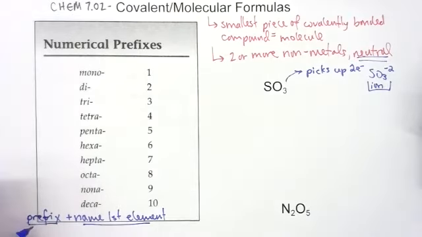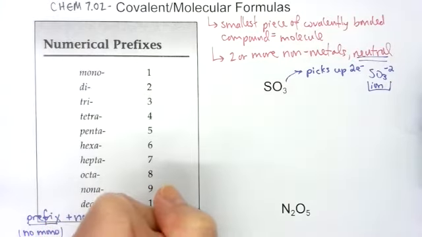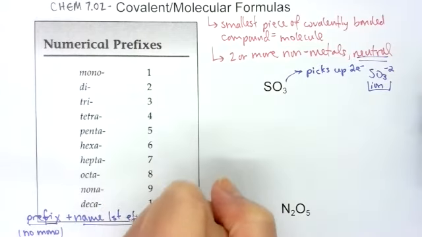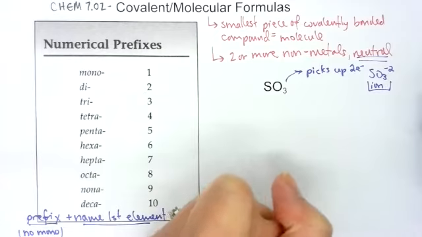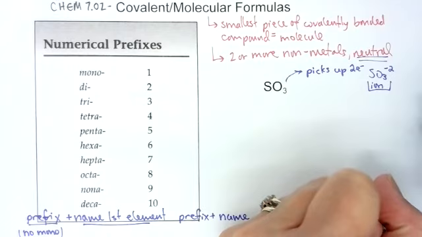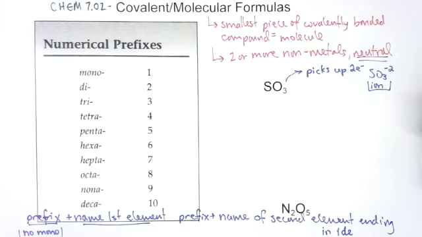The only exception is if there's only one: we're not going to use mono here. So if the first one is mono, you leave this off. So prefix, name of the first element, and then prefix plus name of the second element, ending in IDE.